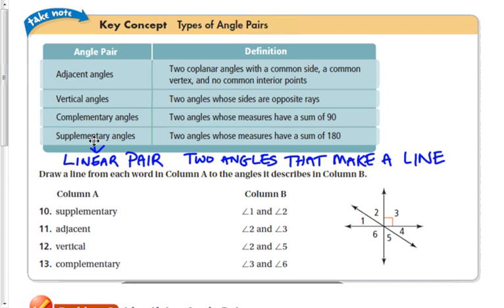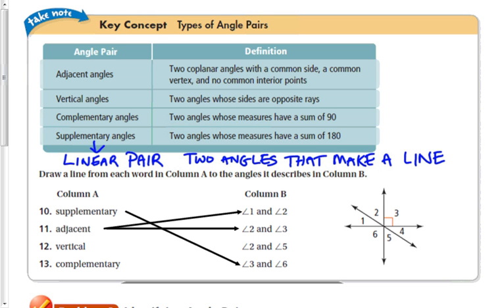All right, so for number 10, supplementary angles are angles 3 and 6. Number 11, adjacent angles. There's actually two examples of those. 1 and 2 are adjacent, and so are 2 and 3.